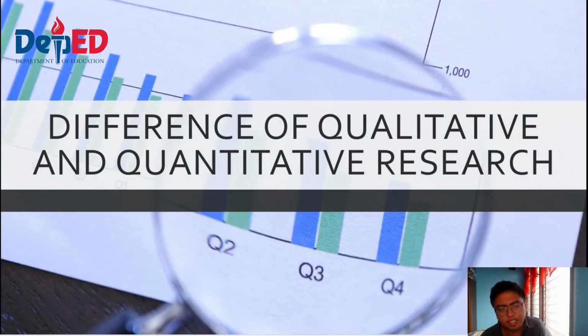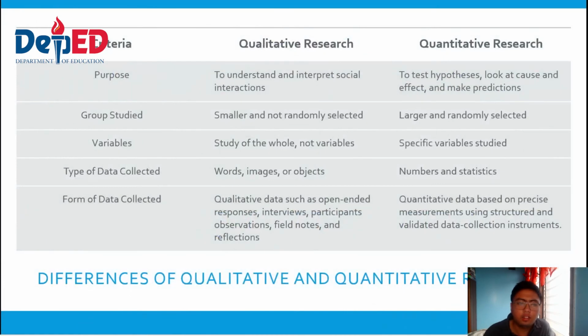So, differences nila. Okay? So, first, the purpose. Qualitative is used to understand and interpret social interaction, while quantitative research is to test the hypothesis, look at cause and effect, and make predictions. This hypothesis came from your qualitative research. Okay? You predict what will happen and see why these things happen.